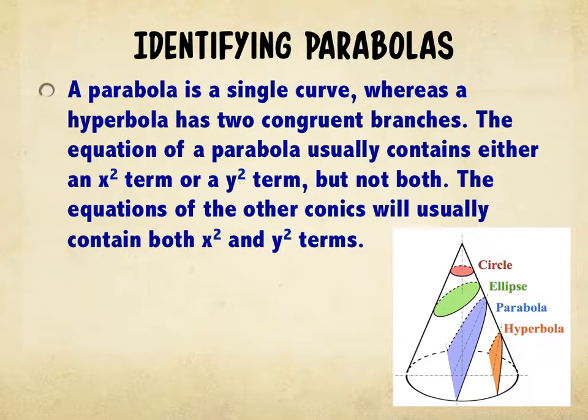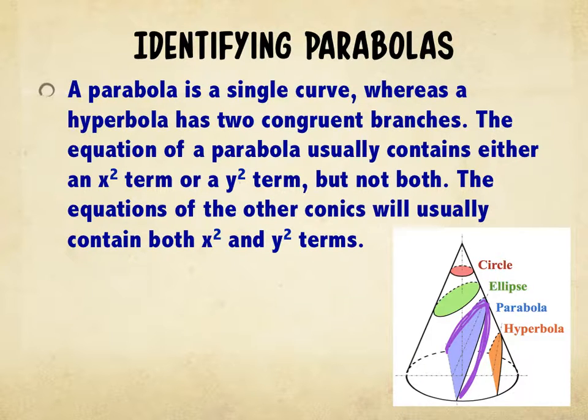Okay, so the next conic is a parabola. Remember, if I had that solid cone and took a plane and sliced it diagonally from top to bottom, this little shape is formed, and this is your parabola. Parabolas are probably the things you've been most exposed to this year. It's a single curve, where the hyperbola has 2 branches, like 2 parabolas that bounce off of each other.